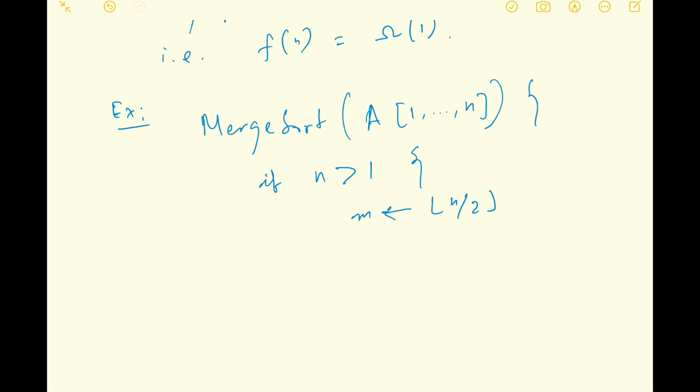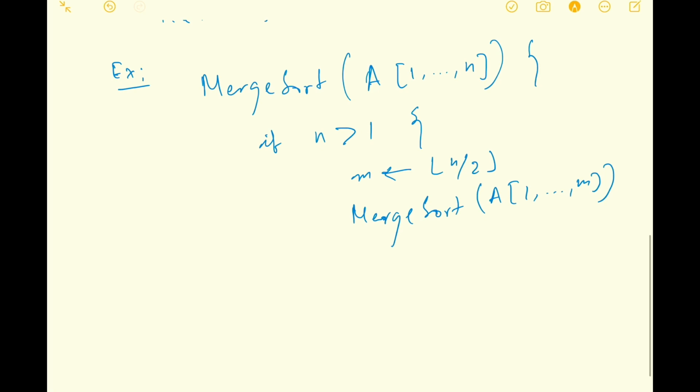Then you first sort the left part, merge sort a1 to m, and then you sort the right part recursively, a m plus 1 to n.